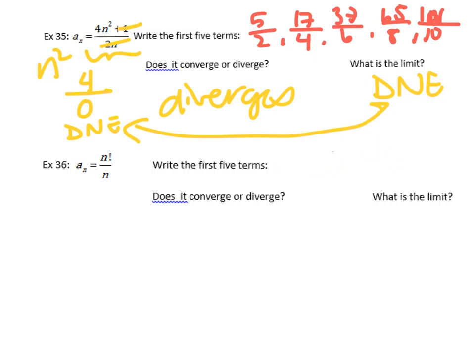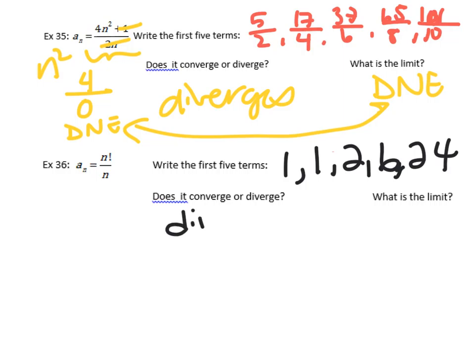So 1 factorial, hold on, n factorial divided by n. I missed writing down a number, so I have to do it again. Okay, so if I plug in a 1, oh, because there's 2 1s. Sorry, that's why I forgot to write down. So it's 1, 1, 2, 6, 24. Okay, these are getting bigger and bigger. It diverges. And so it doesn't exist.